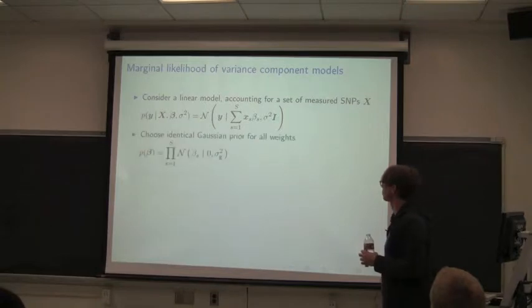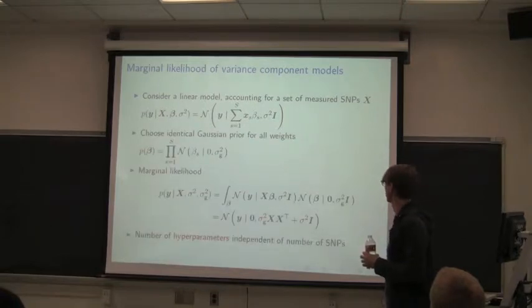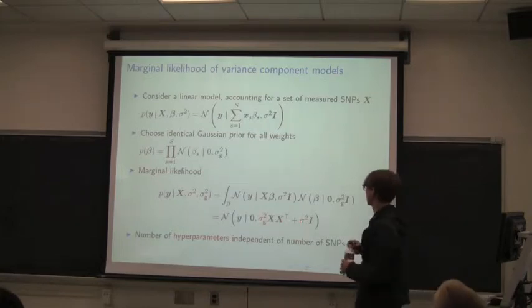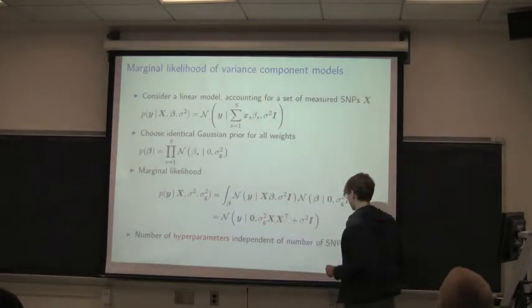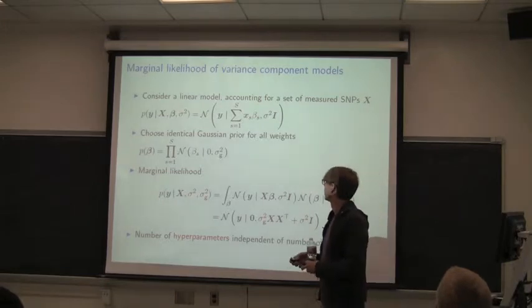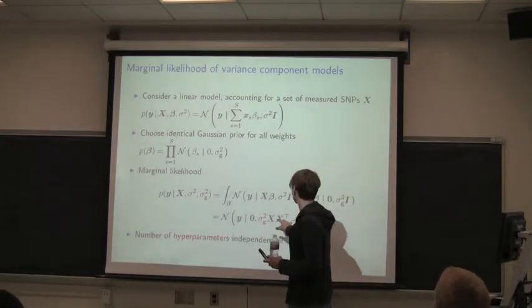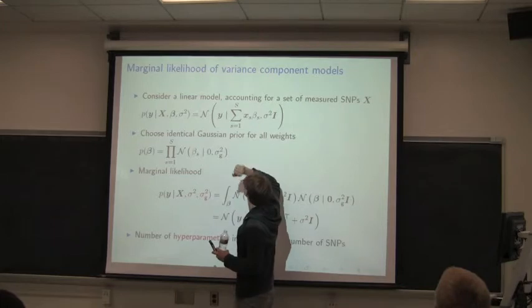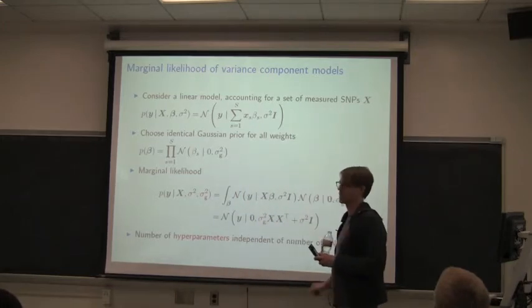Okay, so in this model, we said we have these two parameters here that now summarize basically all the values of the betas here.